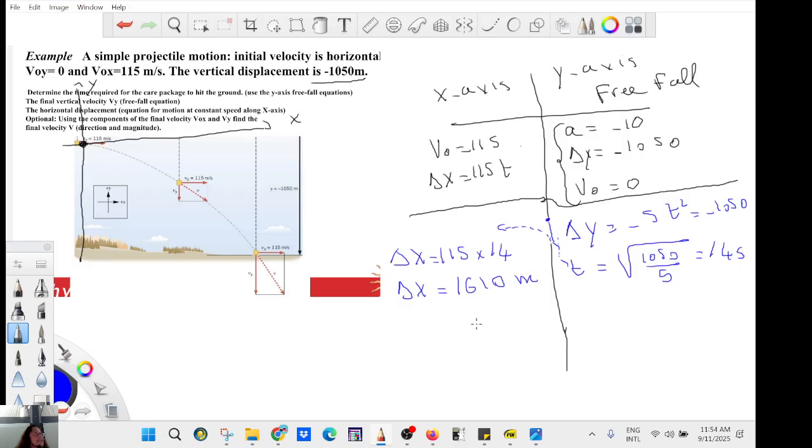Okay, so 1.6 kilometer. What's your name? Michael. Yes. 1600. Okay, meters. Do you all agree?